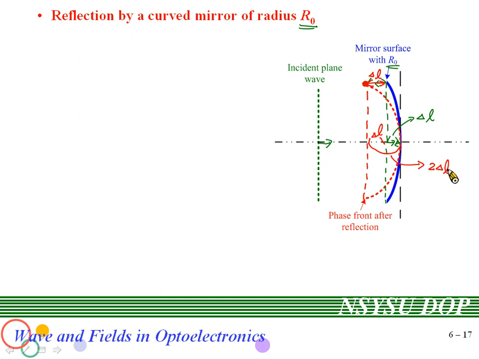That is why after hitting the curved mirror, the plane wave will become a curved phase front. Okay? And what will be the value of delta L? The delta L can be expressed in this way.